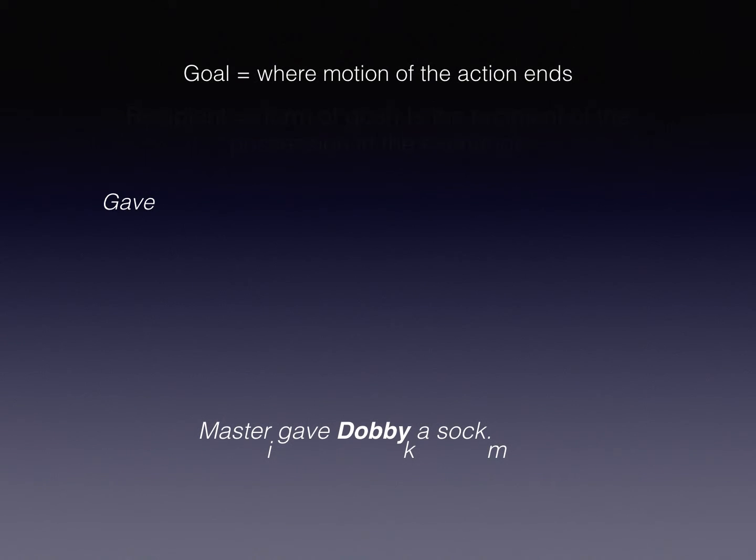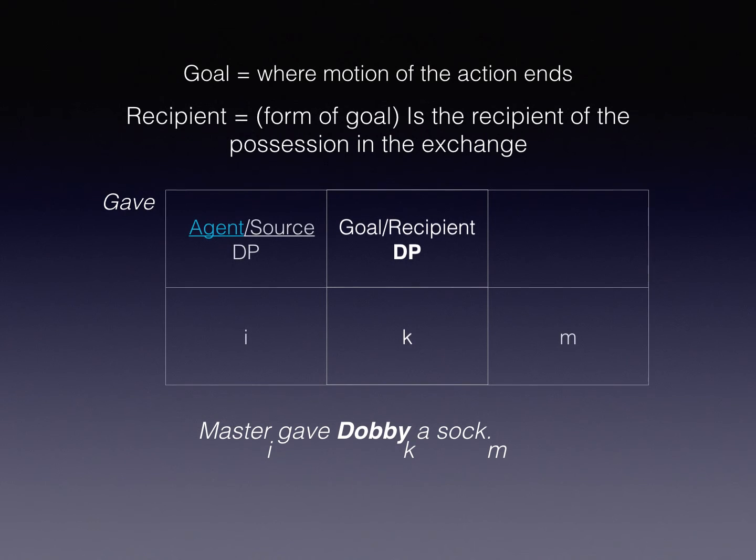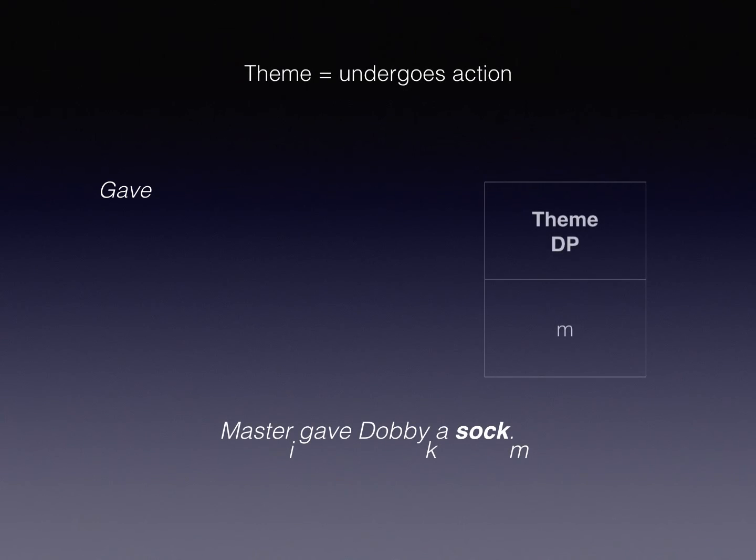As the entity with whom the motion action ends and to whom the possession is transferred, the theta role assigned to Dobby, the indirect object determiner phrase, is thus: goal recipient, DP. And the second internal theta role in this grid, which is the direct object undergoing the action, is theme, DP.